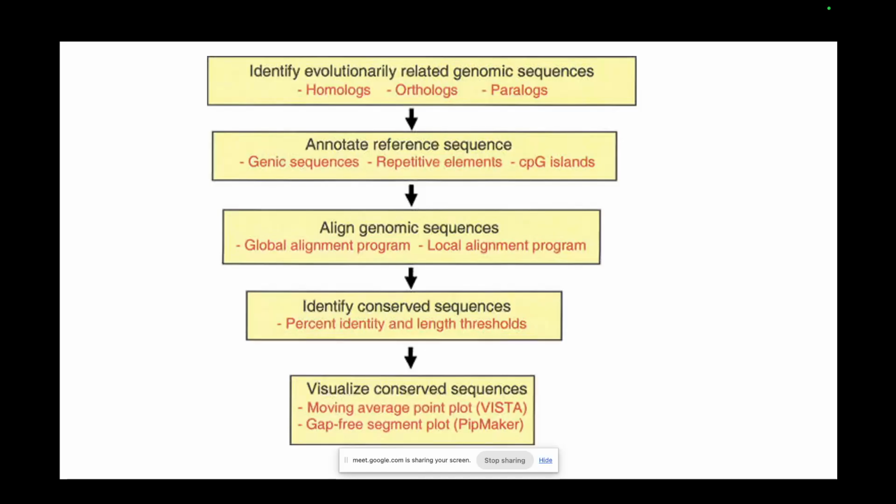If we think about it from a protein or amino acid perspective, that is also kind of true, but here we are talking about genomic sequences again. So you can have homologs, orthologs, or paralogs: basically, sequences in which certain mutations have arisen and then diverged to form different species.